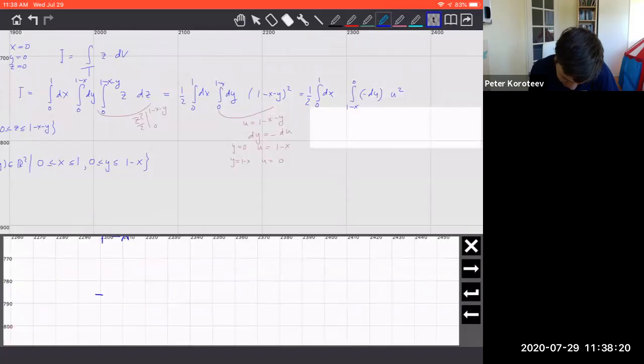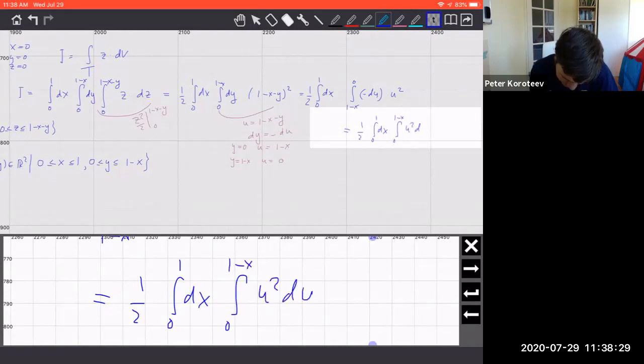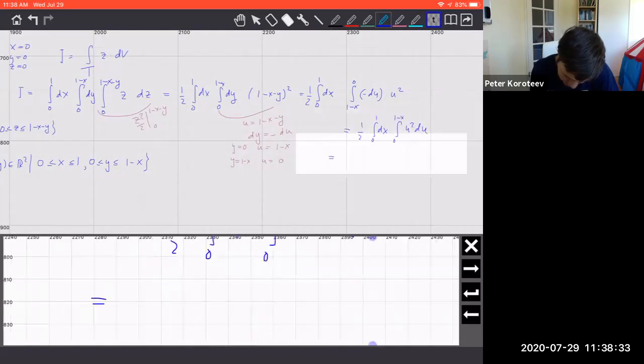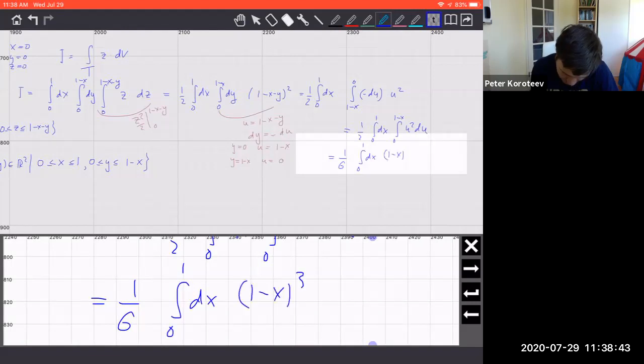So this can be written as 1/2 integral from 0 to 1 dx, integral from 0 to 1 minus x of u squared du, which in turn equals 1/3, right? So we could put 1/6, 0 to 1 dx, 1 minus x cubed.